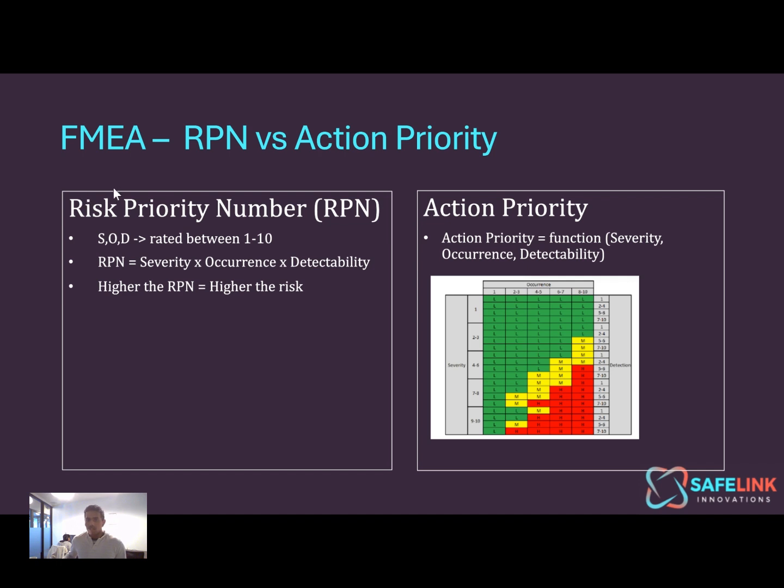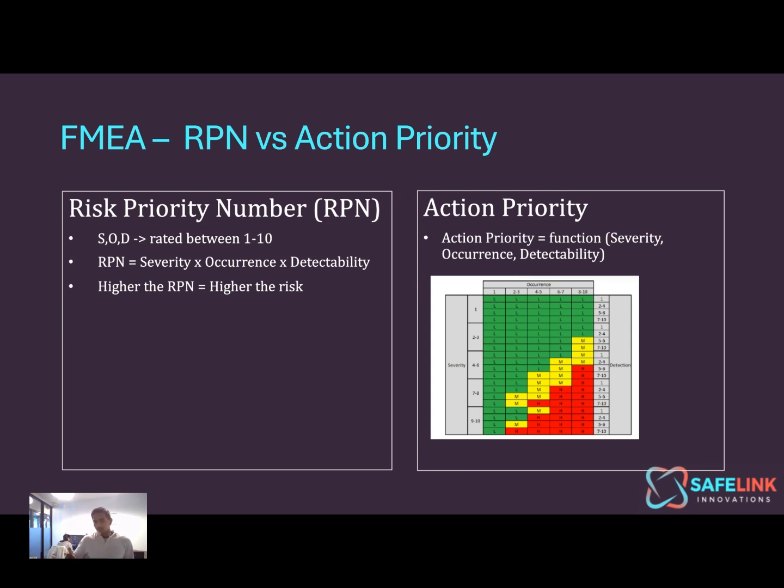Action priority is very similar. It uses the same parameters, severity, occurrence, detectability, but instead of calculating a number, it determines a priority in terms of low, medium, and high. So there is a table that defines for a given severity rating, occurrence rating, and detectability rating what is the action priority.